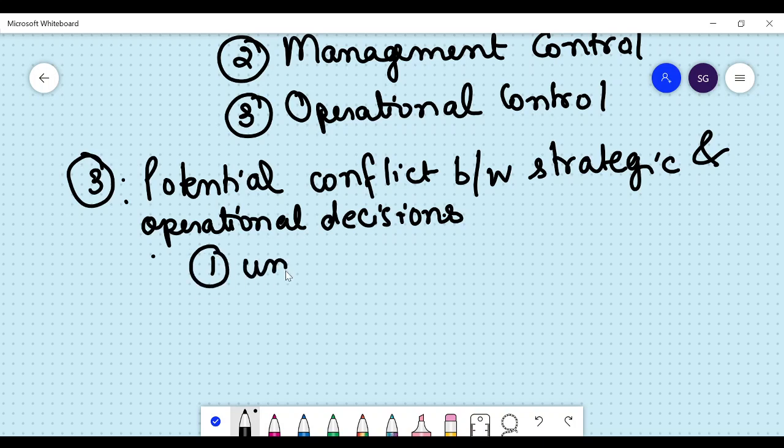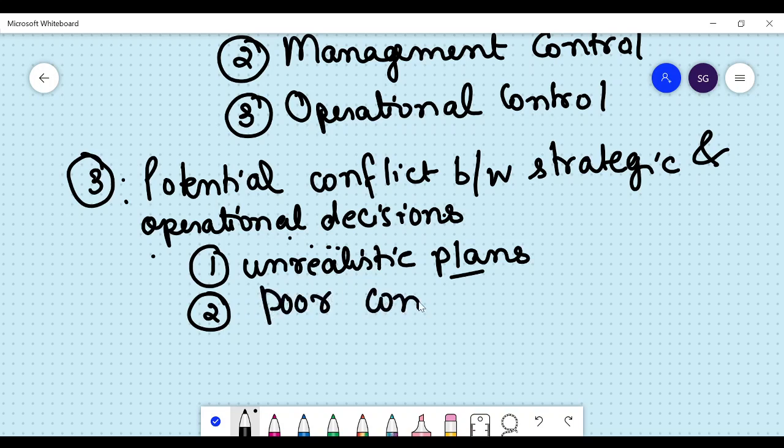Number 1, unrealistic plans. Sometimes the strategic decisions are made in such a way that they involve unrealistic plans, which is difficult for operational level to achieve. So that is why this is a potential conflict.